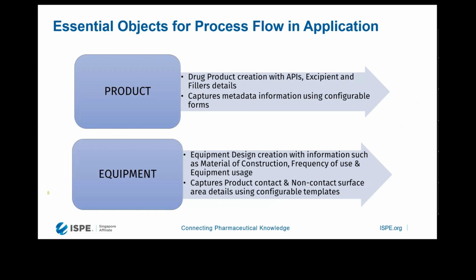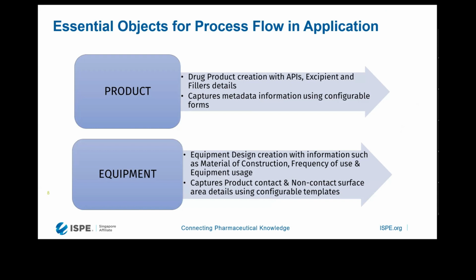How do you create product and equipment when it comes to the software world? How do you manufacture product? Your product has X number of things that go into it, whether it's APIs, excipients, fillers, or anything. So the system would have that. When you talk about digitization, that is the key thing, right?